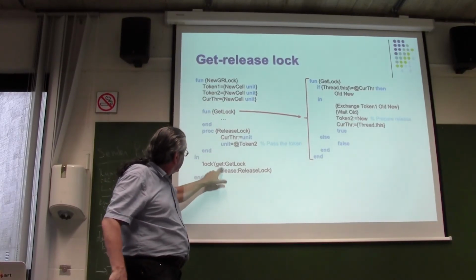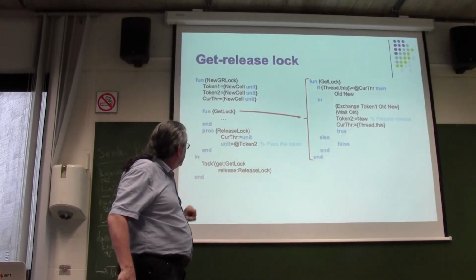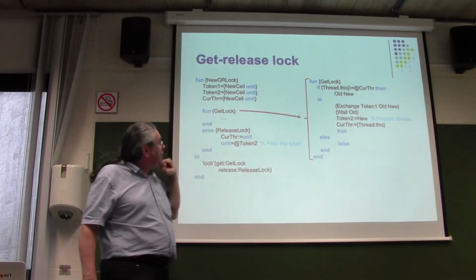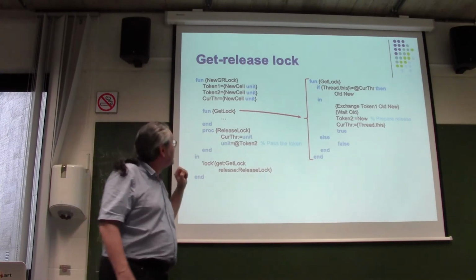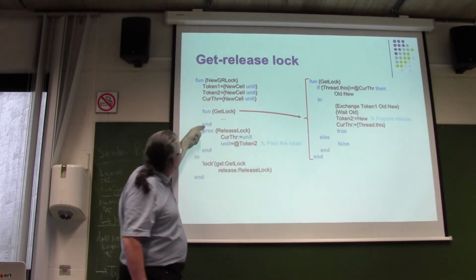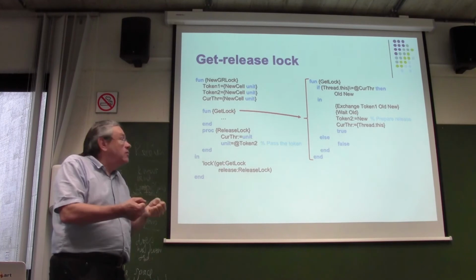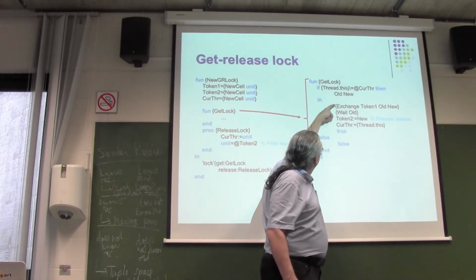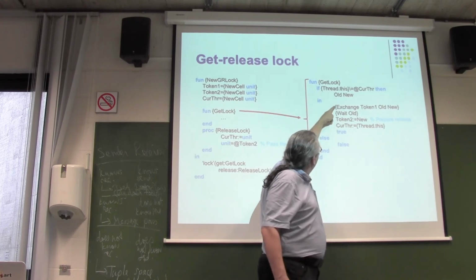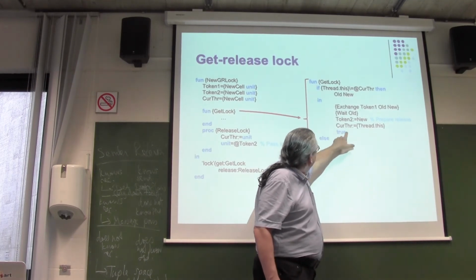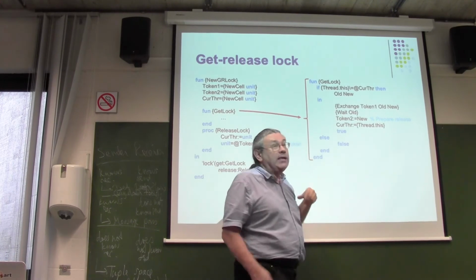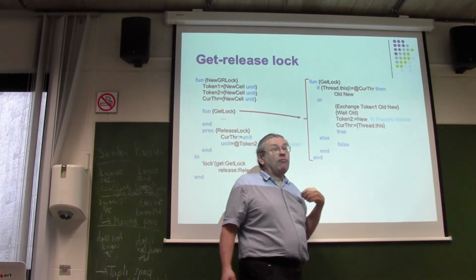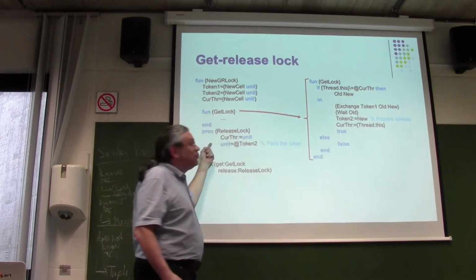And it returns here the two things. Notice the get is actually a Boolean function. This is kind of interesting, which tells me if it actually had to do some work. So if the identity is different and it actually has to wait for the token, it returns true. But if I'm already in, it returns false. And this is important because if I'm already in, I don't have to do release later.